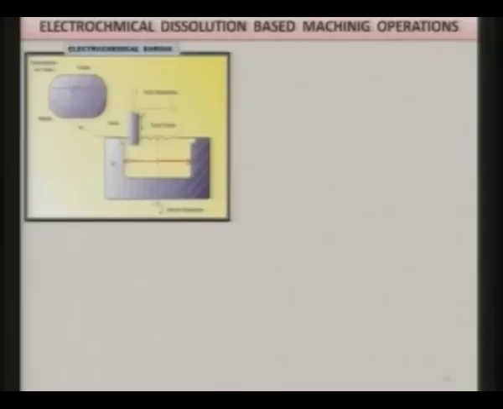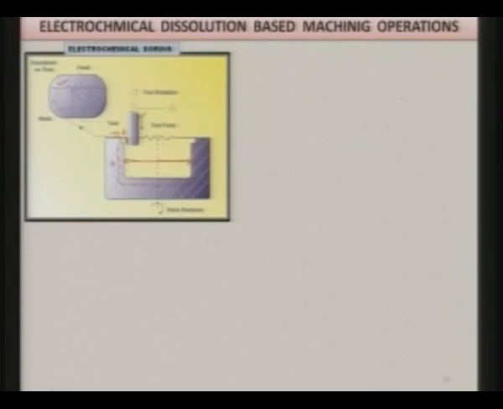This is the initial hole, and you can see this is the tool, and the tool is here facing the wall to be machined, and this is the additional material that you are going to remove by the electrochemical boring operation, and finally you will get the hole of this dimension. So, this is the operation, as you can see here in this figure more clearly shown. This is another point you have to note, that except a small part of the tool, the whole of it is insulated, and that small part of the tool which is not insulated is this one.